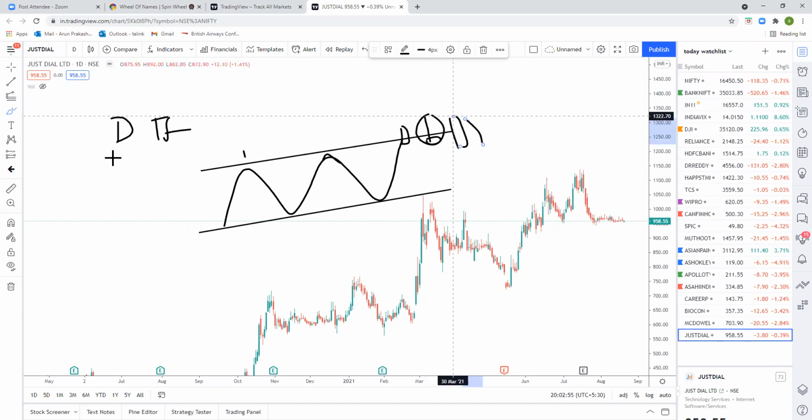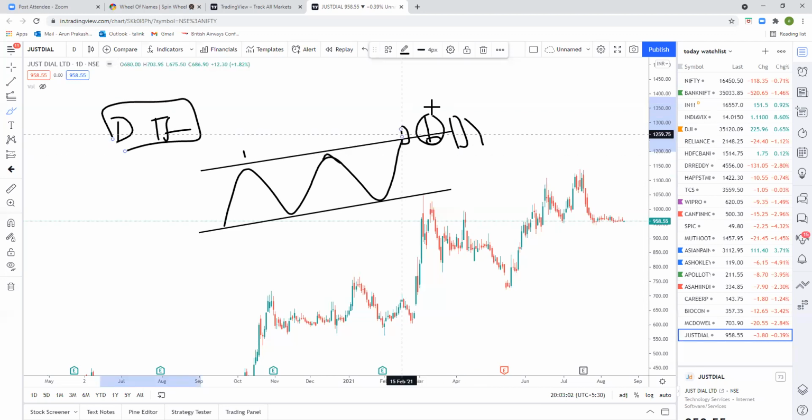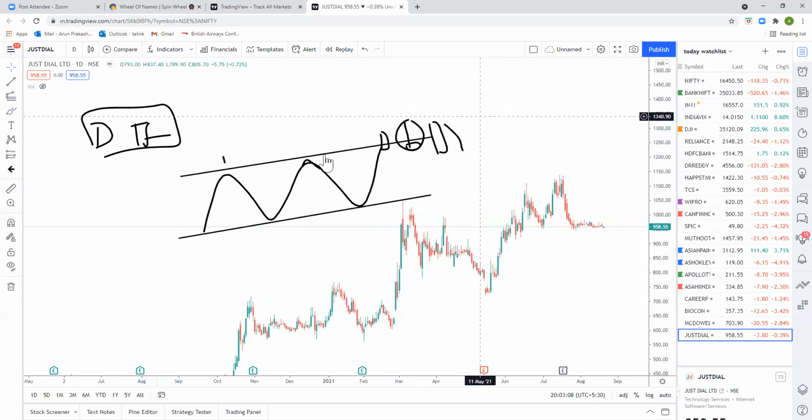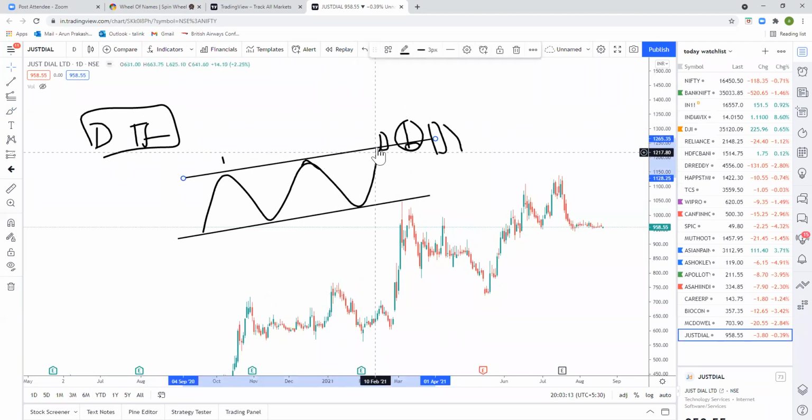So always wait for higher time frame candles to break out strongly and then go for the trade. If you have a pattern, let's say this is an intraday pattern and you have drawn it in just 15-minute time frame, then very well you can go ahead and trade based on 15-minute or sometimes even 5-minute. But you cannot go ahead and trade a daily time frame pattern in 5-minute time frame.